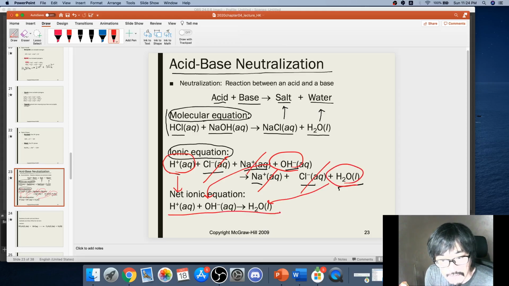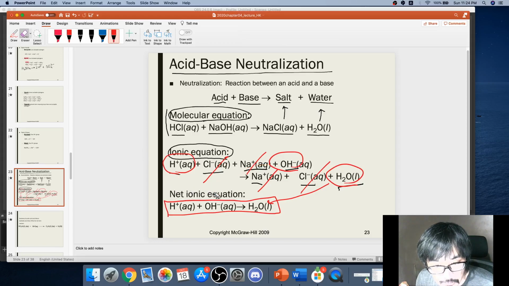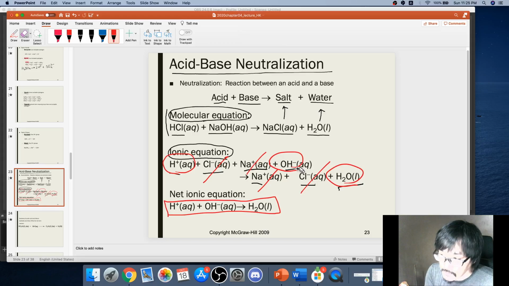After the cancellations, ionic equations become net ionic equations. The net ionic equation is a really useful one. Every time we write out the molecular equations, you're going to have to write out the net ionic equations by going through the ionic equations and net ionic equations.